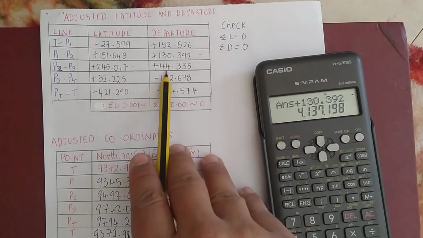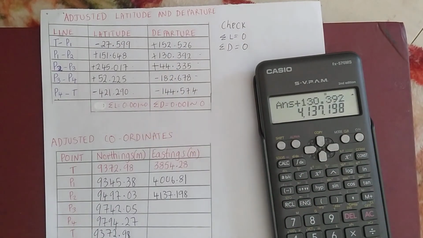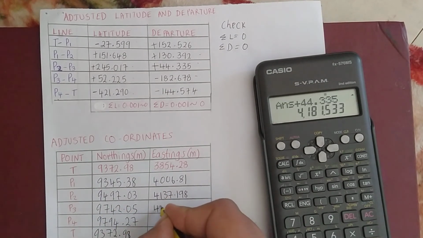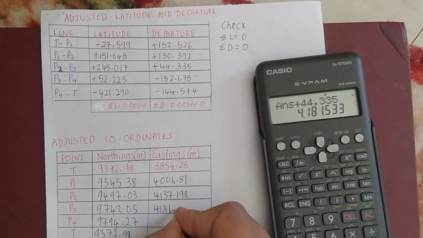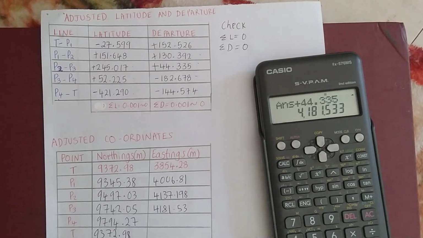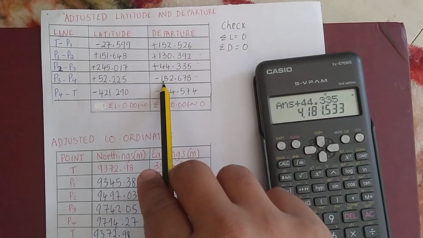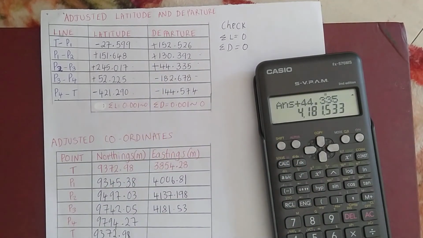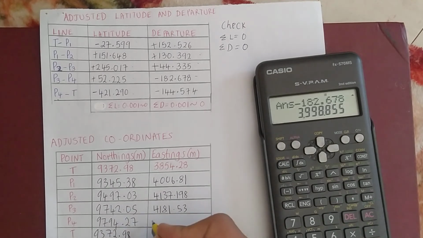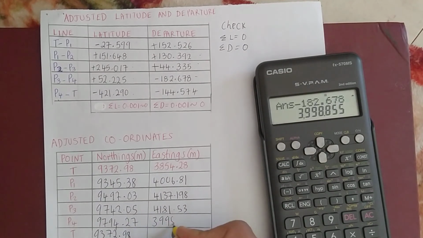So for the next point I'll add 44.335. Answer plus 44.335. I'm getting it as 4181.53. The next one I'll minus 182.678. So minus 182.678. I'm getting it as 3998.86.